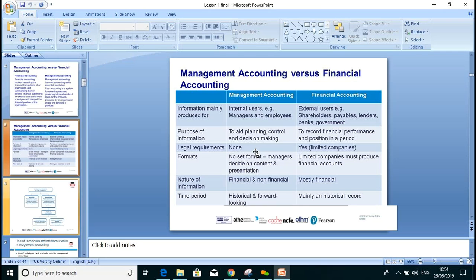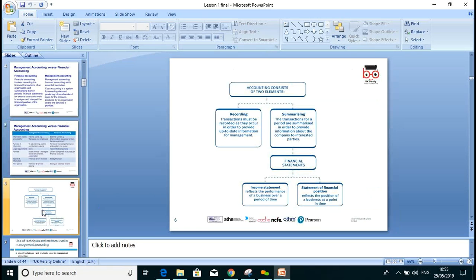Nature of information: financial and non-financial information goes into management accounting, but financial accounting is mainly based on historical figures. Management accounting is historical and forward looking. In financial accounting it's what's happened, that's past information. But in management accounting, we're looking more at the present and future forecast. What will be the cost in future?